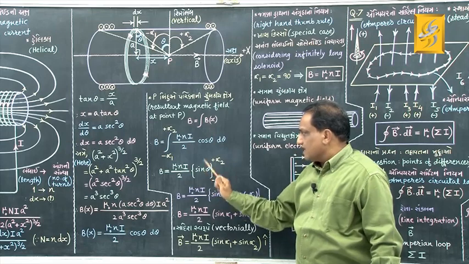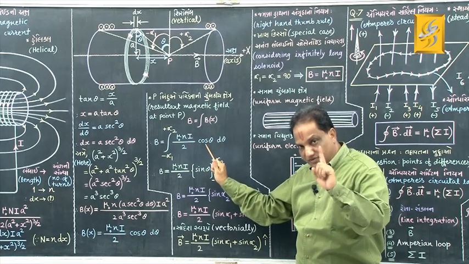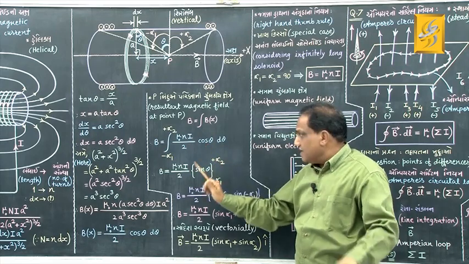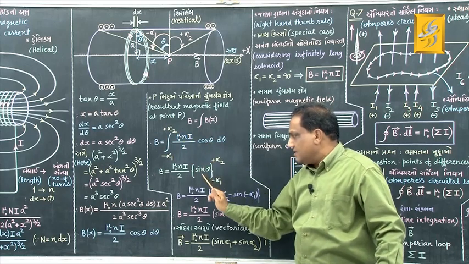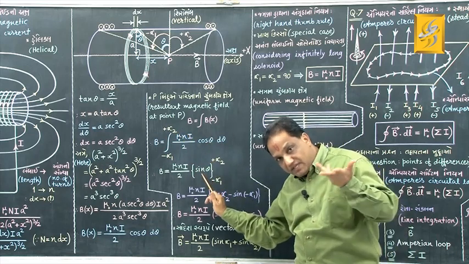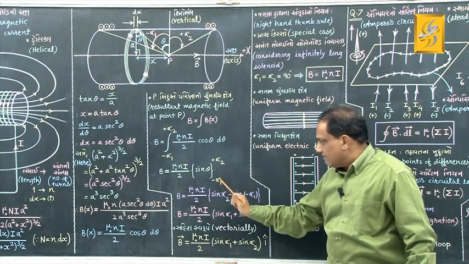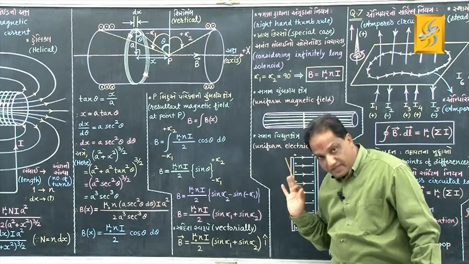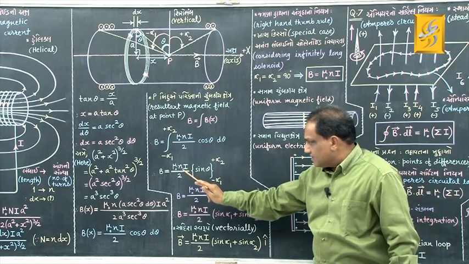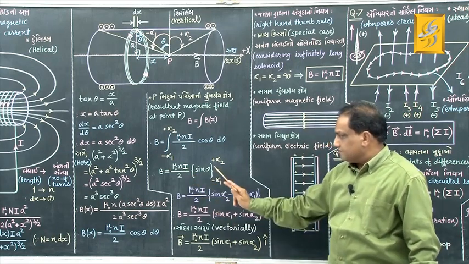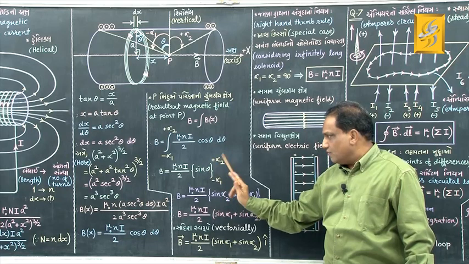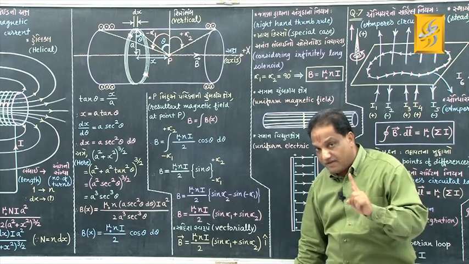You know the derivative of sin theta is cos theta. Then the integration of cos theta will be sin theta. Correct? But which are the limits? From minus alpha 1 to plus alpha 2. Correct? Now this part as it is. Instead of theta, you must place the upper limit, that is plus alpha 2.